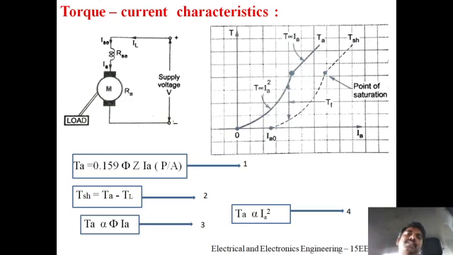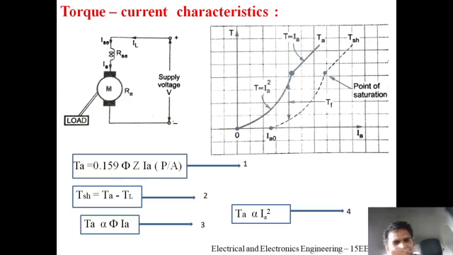Where the torque is developed: it is actually developed in the armature conductors. How the torque is developed, that we have also discussed. Let us try to recall some of the things. Whatever the flux phi is, it is the flux per pole which is present by the poles of the field magnets.